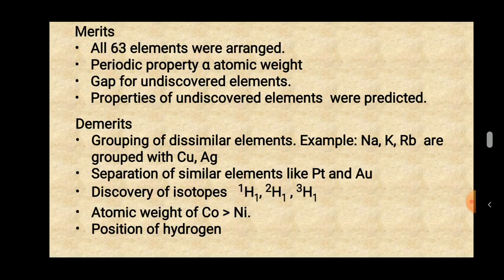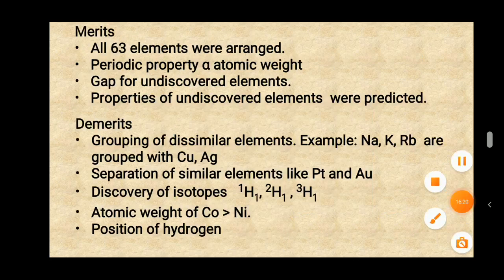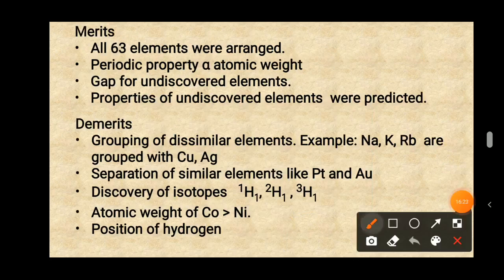That means he arranged the elements based on the increasing order of the atomic masses or atomic weights of the elements. And then he kept a gap for undiscovered elements.